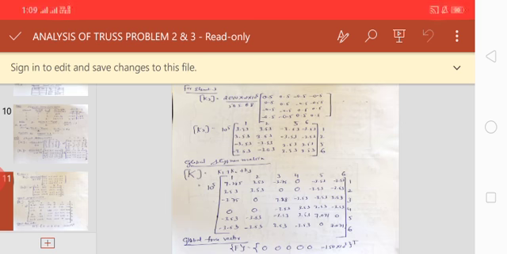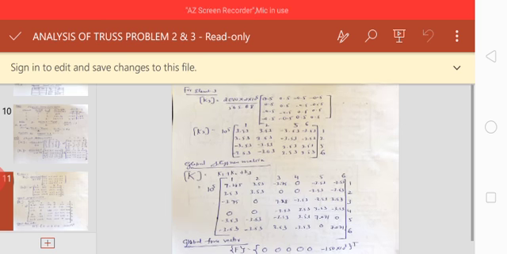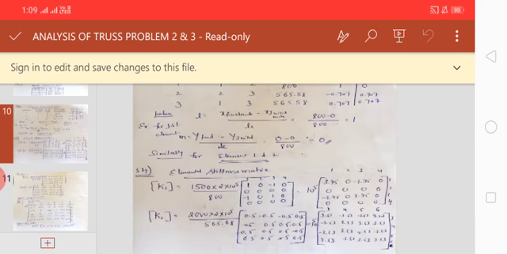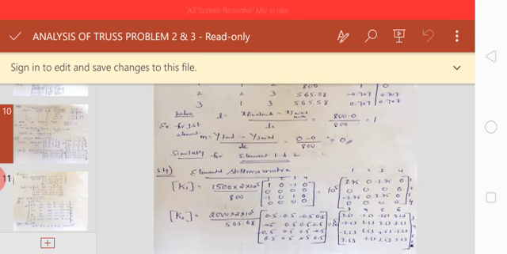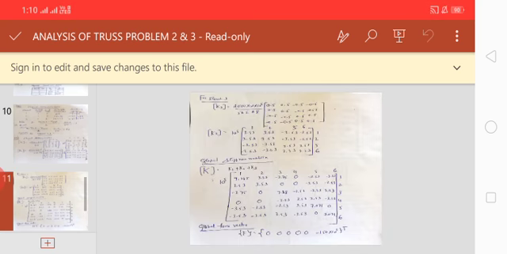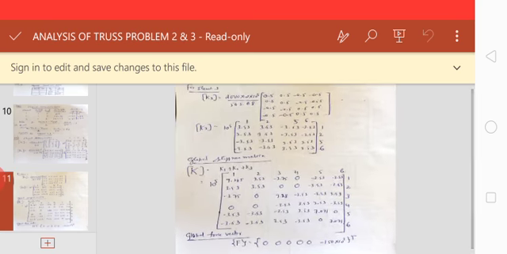That's why I told you to be careful, and that's why you have to mention the numbers also. If you mention the numbers, it is easy for adding. 1 cross 1 is also situated in the third elemental stiffness matrix, that is 3.75. It is also in the first element stiffness matrix, 3.75. Add them and you will get 7.5.